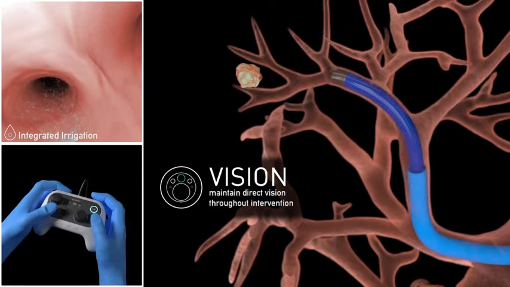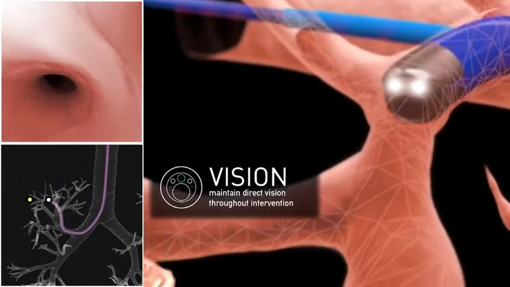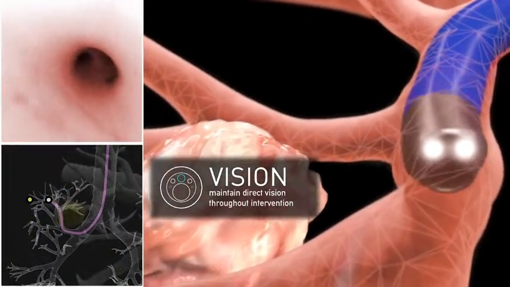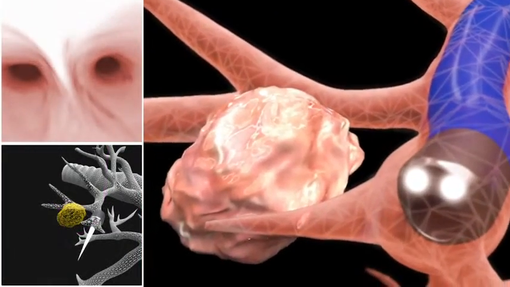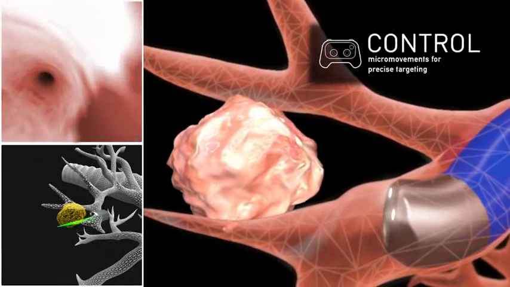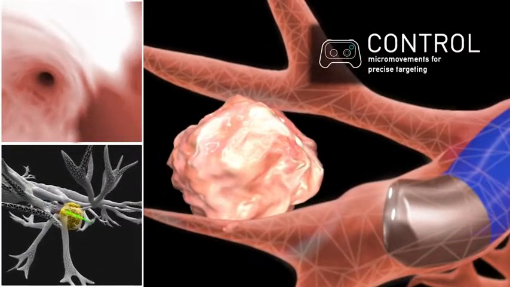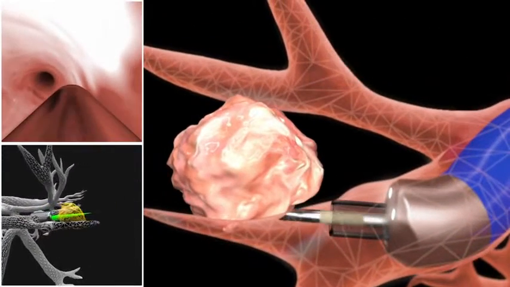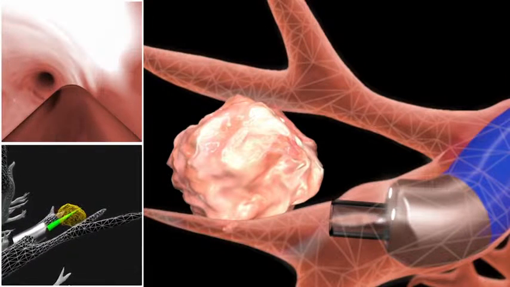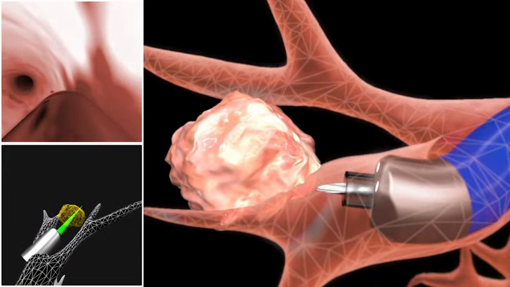You see out here there is a growth. This growth must have been picked up on X-ray or on the CT scan. So the pulmonologist knows where to go, how to direct the bronchoscope towards the growth, and they pass a biopsy needle and take a piece. This is called transbronchial lung biopsy.